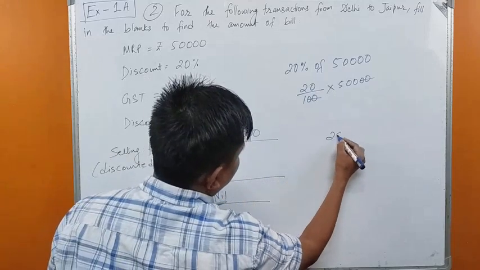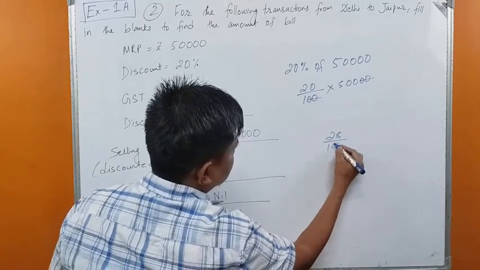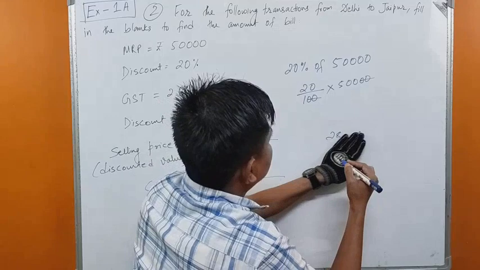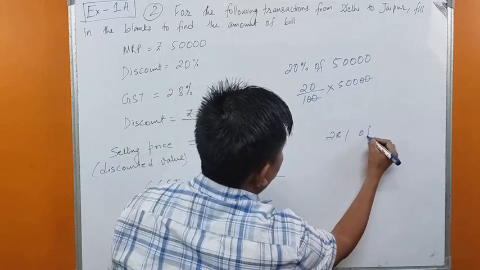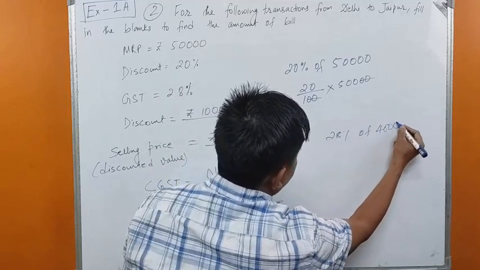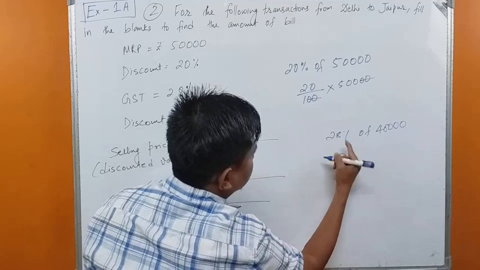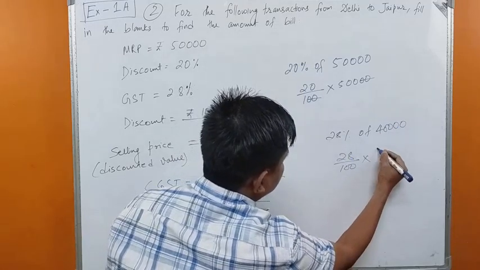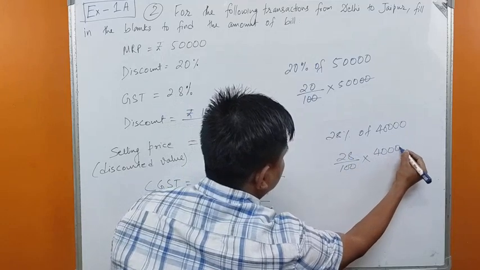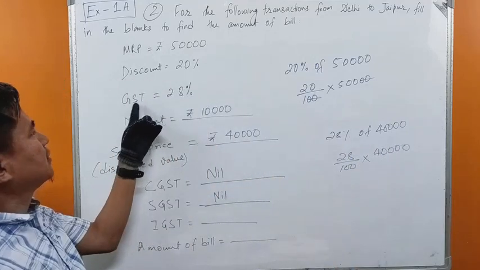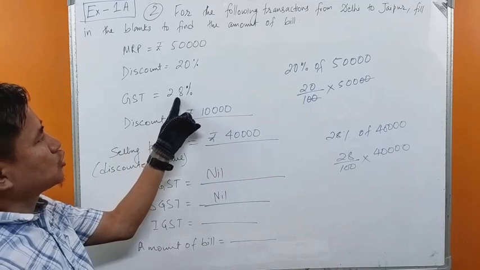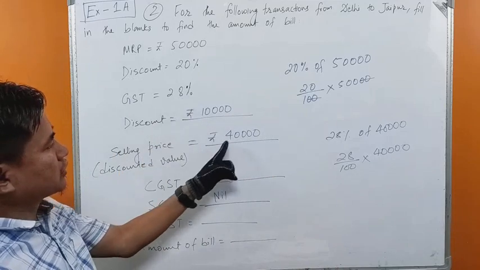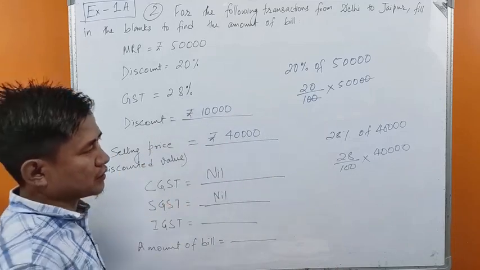So 28% of 40,000 means 28, we remove the sign of percentage, 100 in the denominator, of means into 40,000. GST is 28%, 28% of 40,000, the selling price, isn't it?